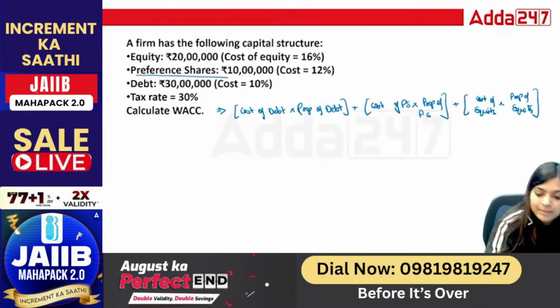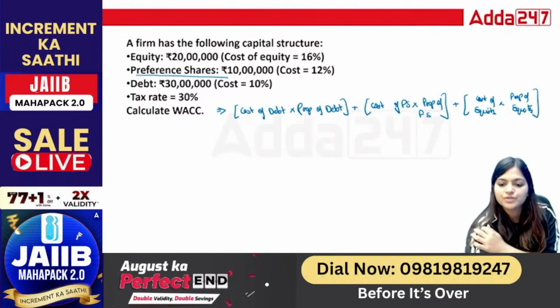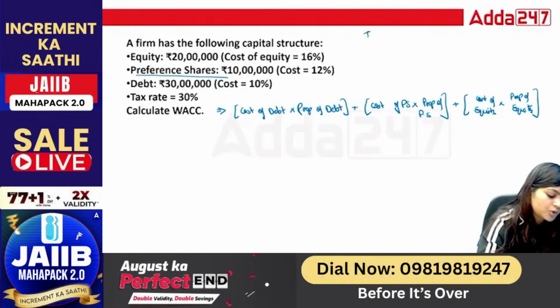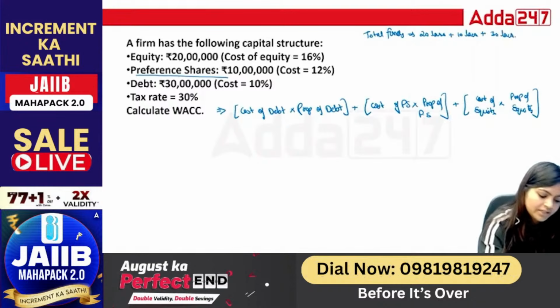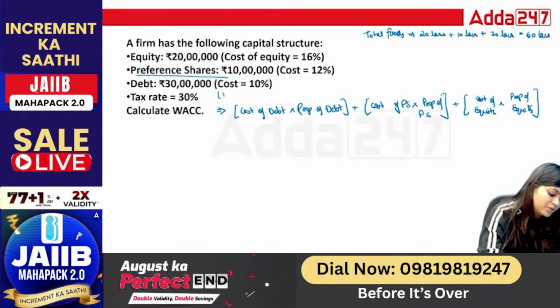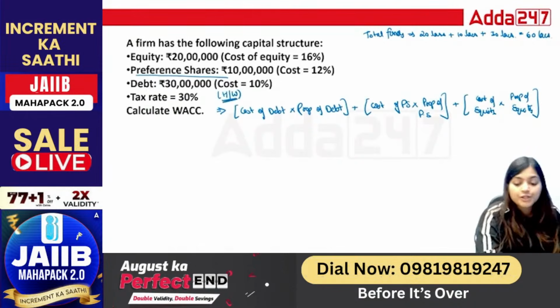Use the same way for calculating the proportions. Just remember you have one extra thing, so you need to add that part. So total funds here you are going to take, that is 20 lakhs plus 10 lakhs plus 30 lakhs, so 60 lakhs. Now I hope you can calculate, and this is your homework question. Everyone try this and share your answer through the comments.